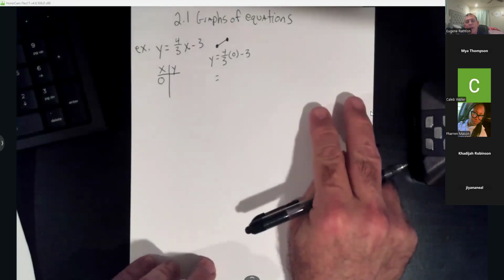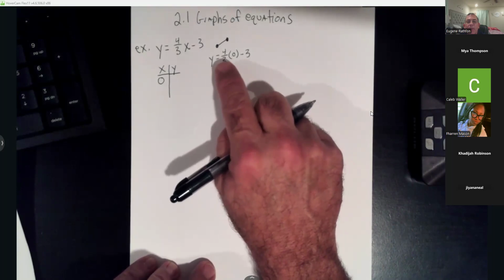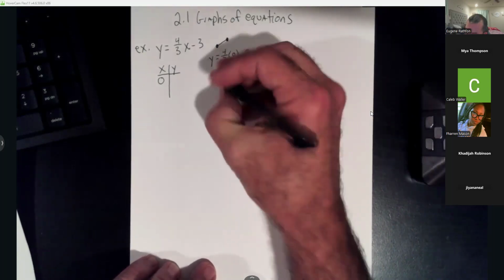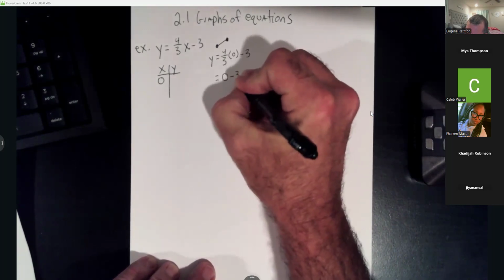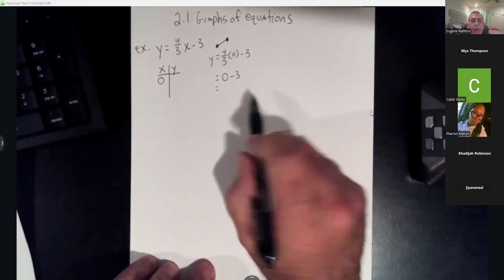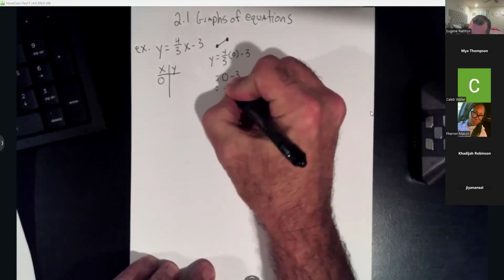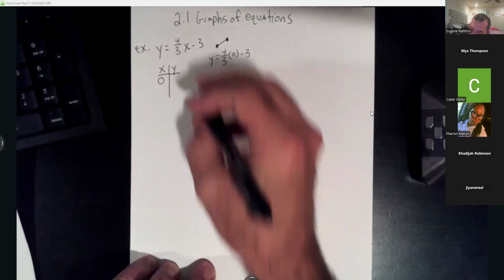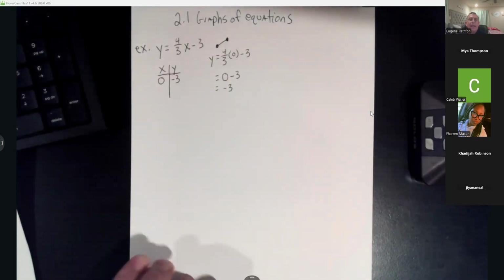So y'all remember order of operations tells me I got to multiply before I can subtract. So 4/3 times 0 is 0, and then bring down my minus 3. And y'all, that y value, 0 minus 3, gives me a minus 3. So for the x is 0, y will be negative 3.